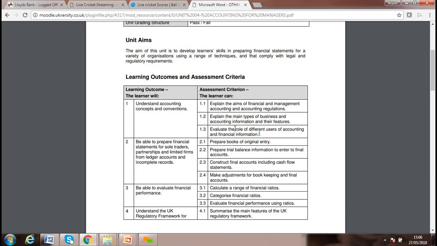So that's all about understanding the concepts and conventions of financial accounting and financial management, where we discussed that financial accounting is external and management accounting is internal. Financial accounting has a time scale: after every 12 months we prepare financial statements, but management accounting doesn't have any particular time scale.